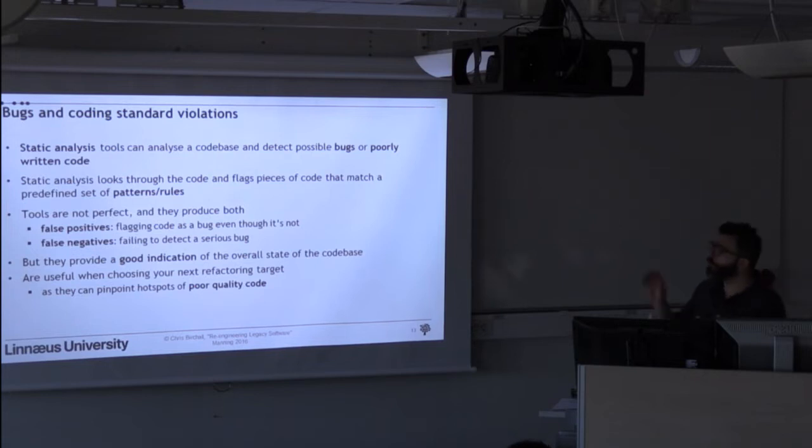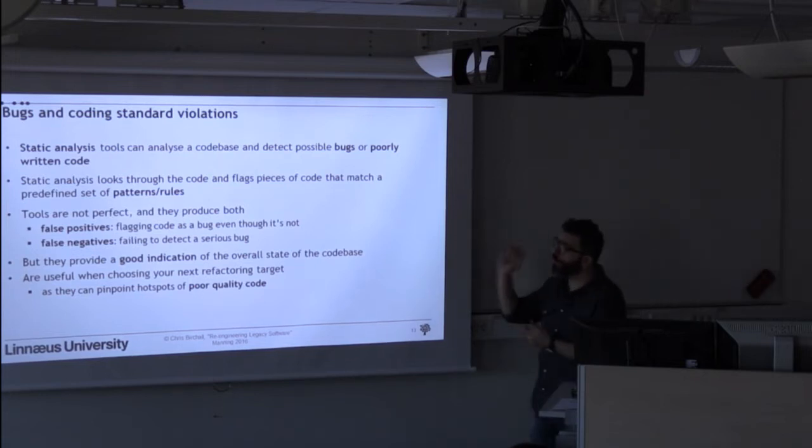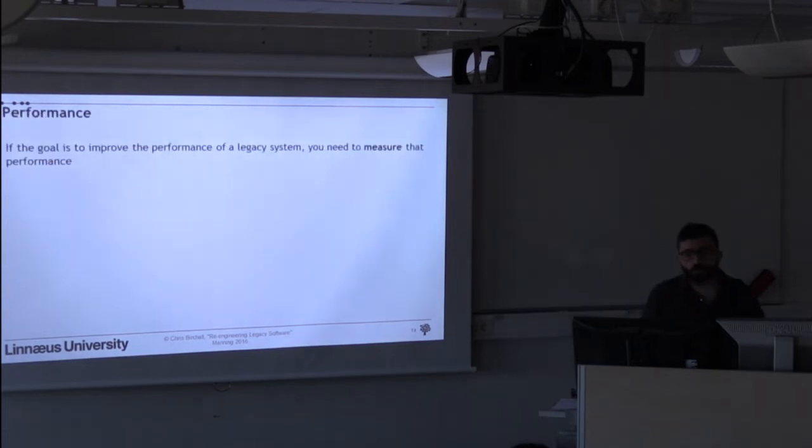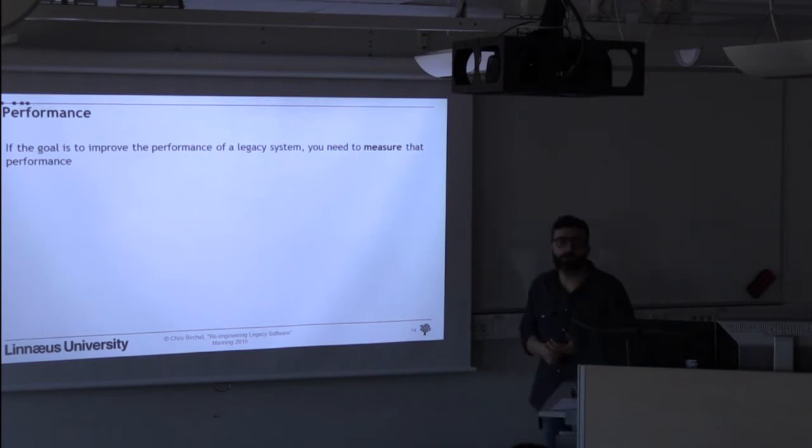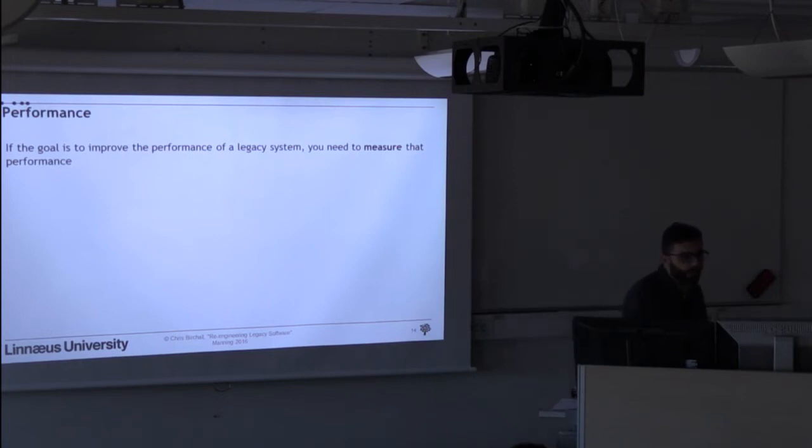Then, if you want to improve code, you can use these static analysis tools. If we want to improve performance, we need to measure the performance of the system, and there might be different ways.